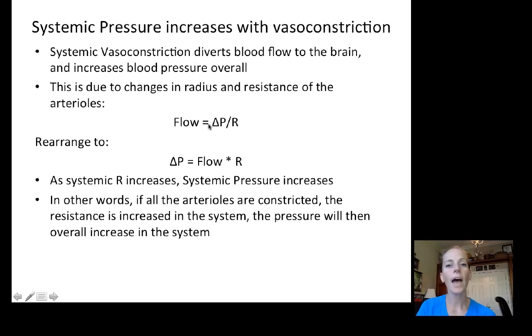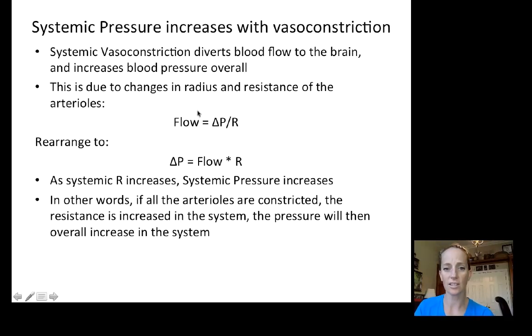So how does that happen? I'm going to show you an equation, but you also just may want to memorize this. Local vasoconstriction cuts off blood flow and decreases pressure locally. Systemic vasoconstriction throughout the whole system diverts blood flow to the brain and increases blood pressure in the whole system.